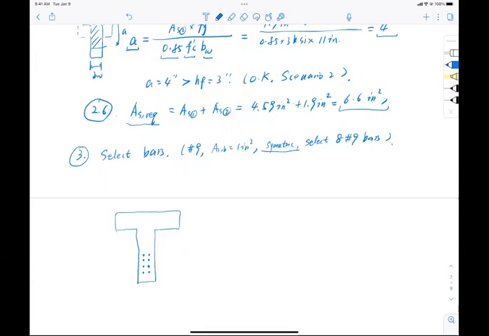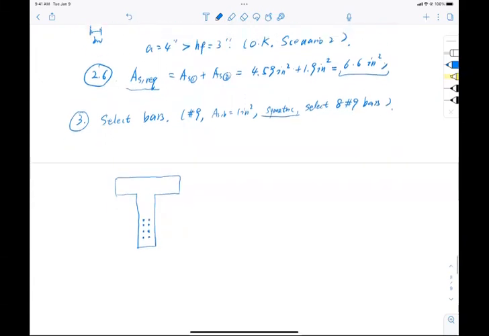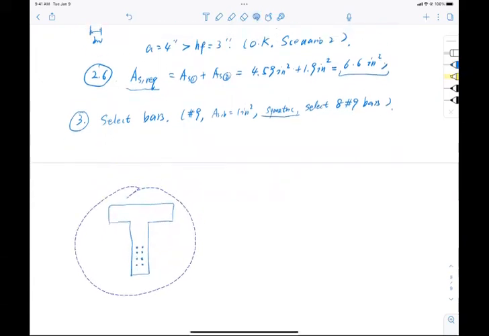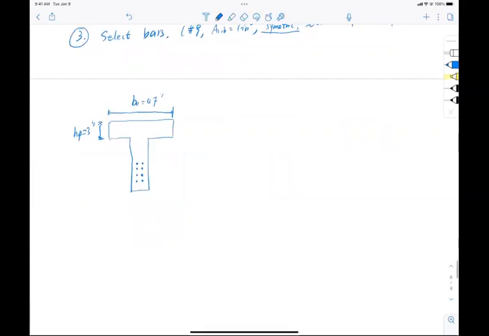Now to put number 9 bars into the section is a little bit challenging, but I can do that. I'm just going to put a drawing down here. This is BE, 47 inch of total width, HF equal to 3 inch of flange height, and the DS that is given, no ifs, no buts, it is 20 inch.